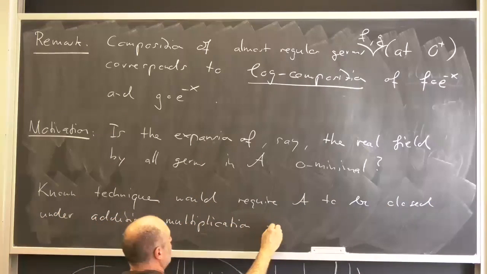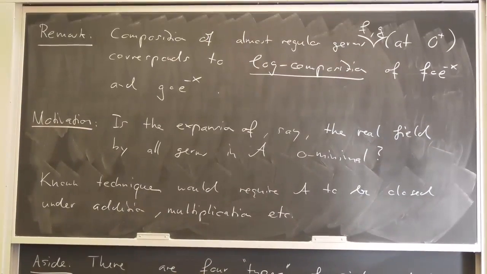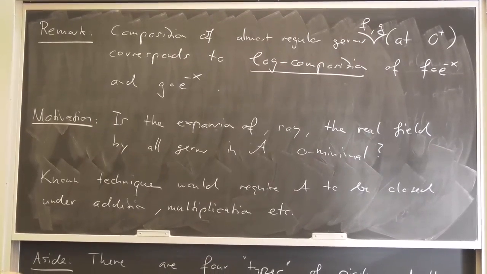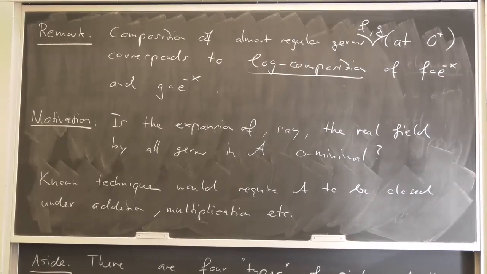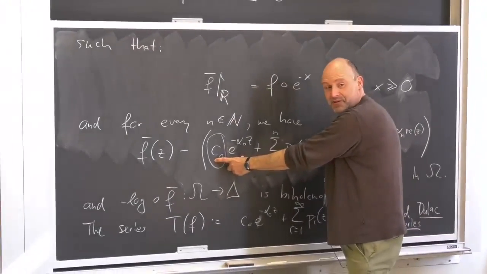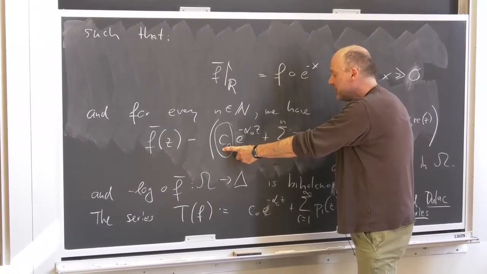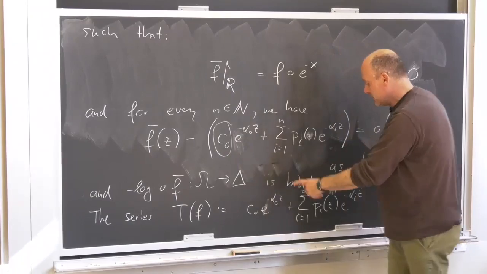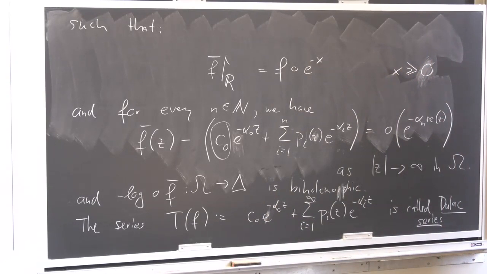But the class A of all almost regular germs is clearly not closed under addition because of this property here. When you close under addition, you have two functions whose first term is the same. You want to close under addition, that means you have to add the difference of the two. Then you have an asymptotic expansion that's a Deluxe series with zero C0 coefficient. And that doesn't work.